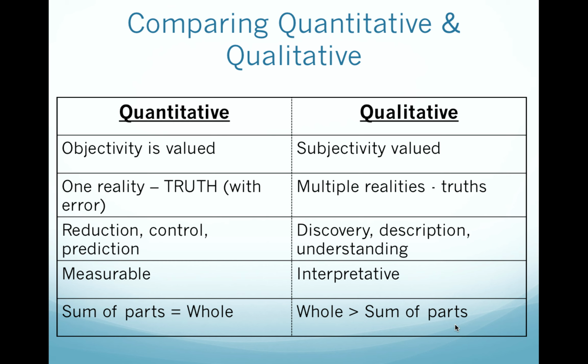In quantitative research, there's a lot of emphasis on reduction, controlling, and prediction. In terms of controlling, we're talking about controlling for extraneous factors so that you do not have error in your results.